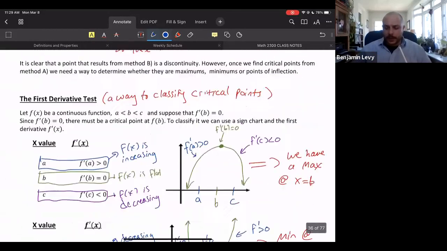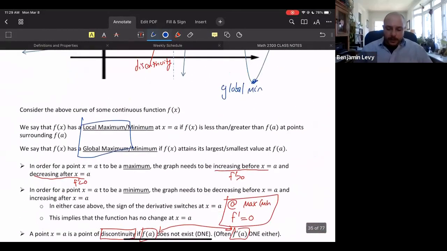Just kind of looking at the picture, or even back to the definition. The local part just means that it's the biggest or the smallest nearby. And the global thing just means the biggest overall. And so I'll just say that one more time. Global mins are also local. Local mins are not necessarily global, if that makes sense.